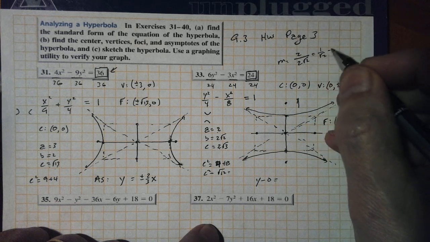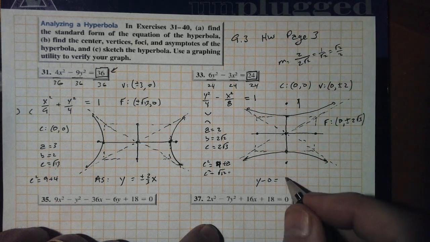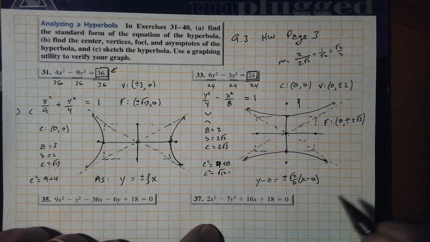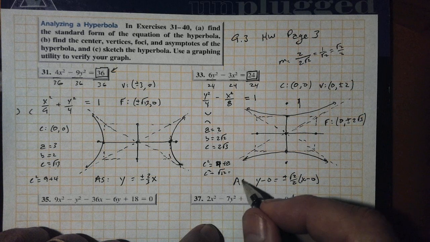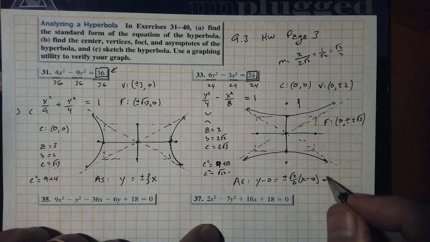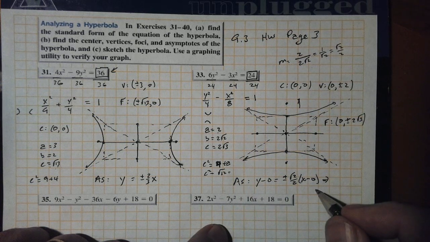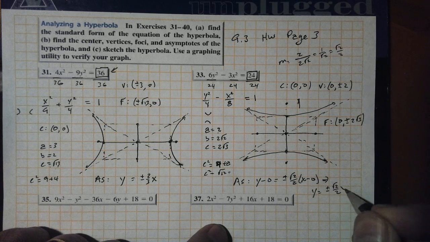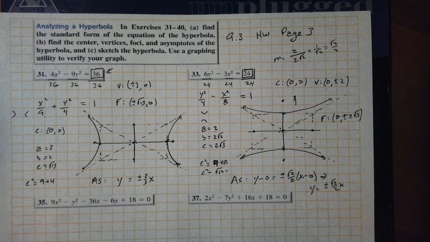That's 1 on square root of 2, or square root of 2 on 2. Plus or minus square root of 2 on 2 times x minus 0, or we get y equals plus or minus square root of 2 on 2 x.